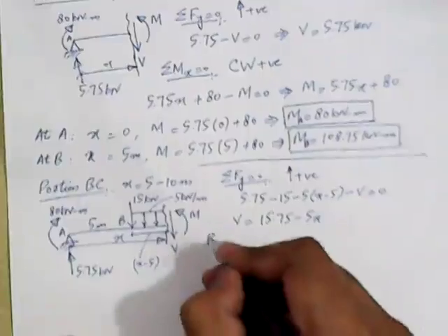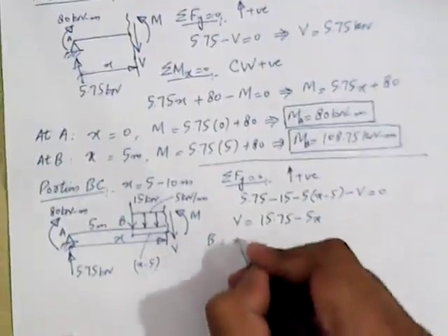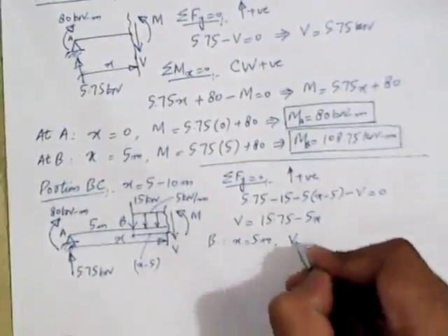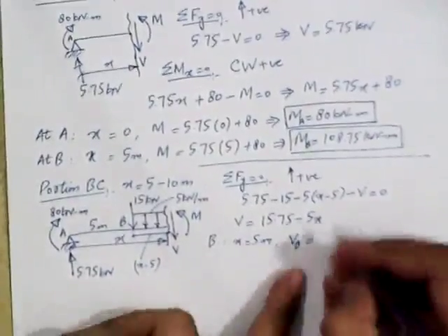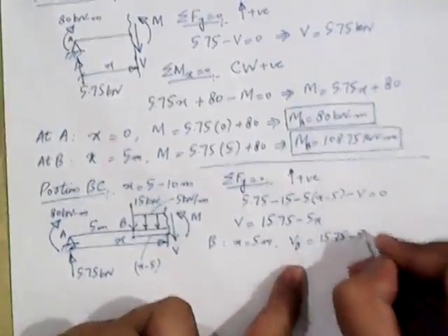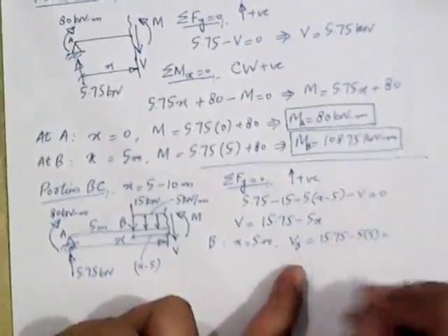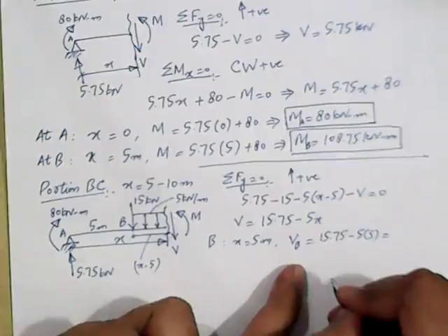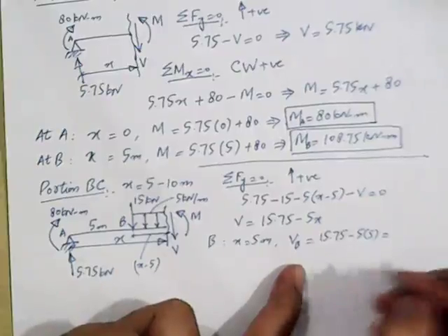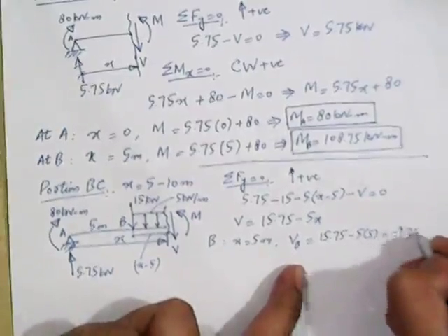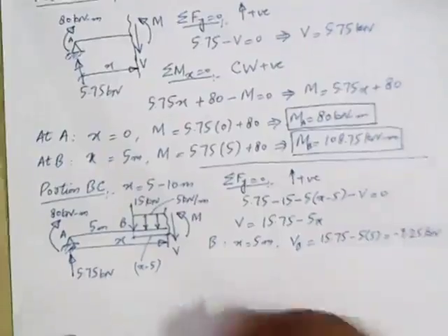So, if we calculate it for point B, x is equal to 5 meters. So, V at B is equal to 15.75 minus 5 into 5. Right? So the value of shear for point B from this side is minus 9.25 kilonewton.